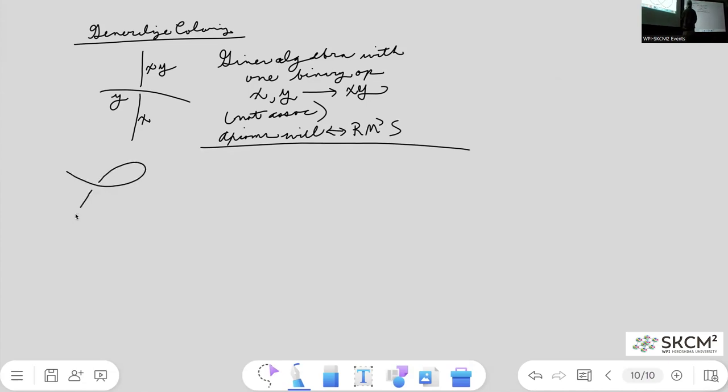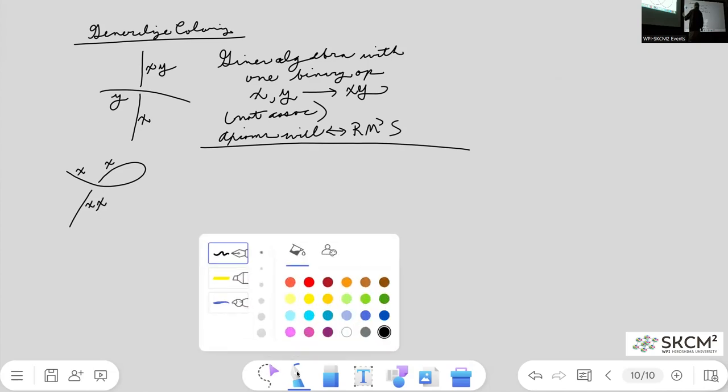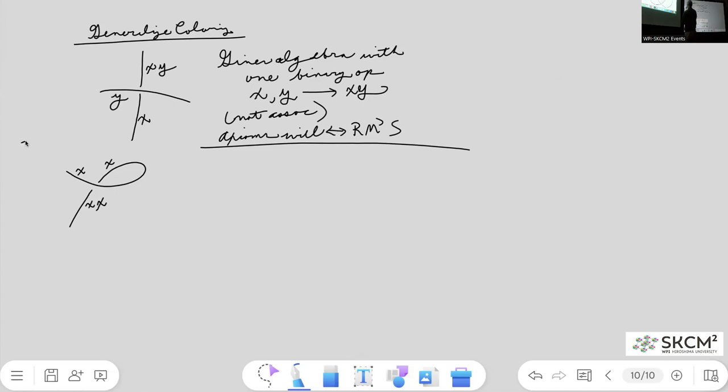Suppose that you had this, and this is labeled x, and this is labeled x, and this should be labeled x times x, and this should be equivalent to this, which we would want to be all labeled x.